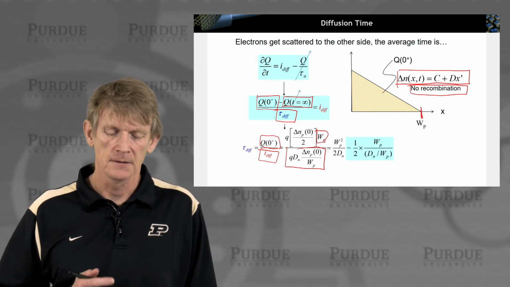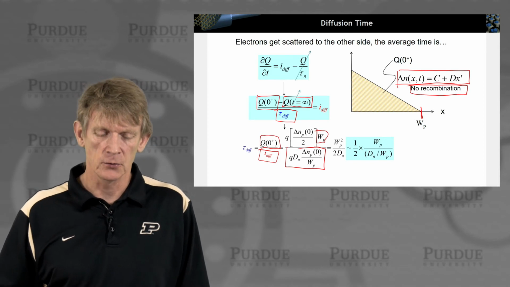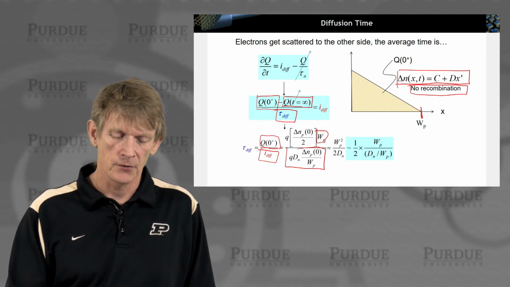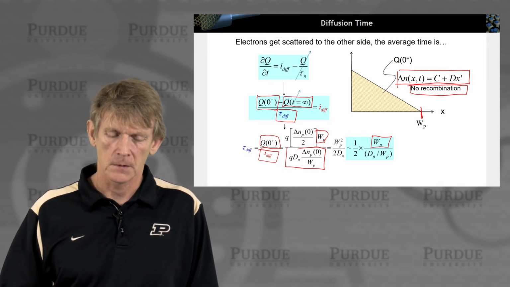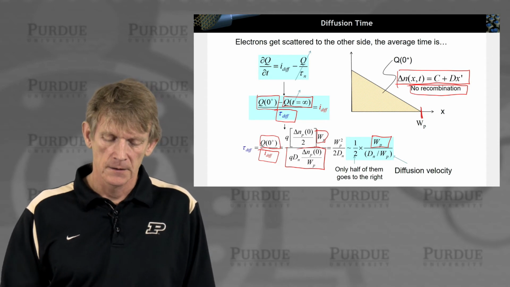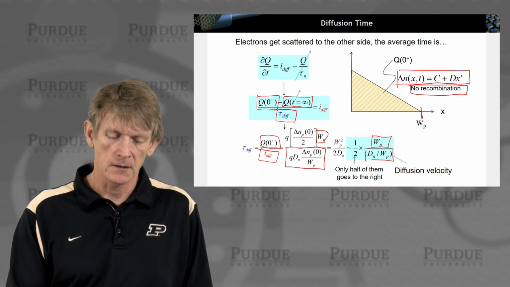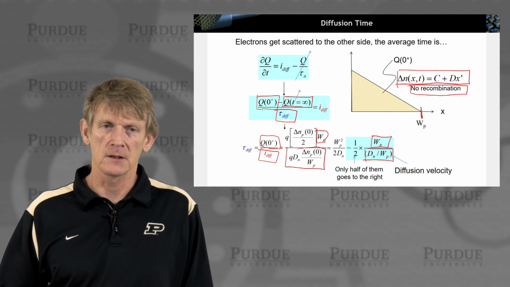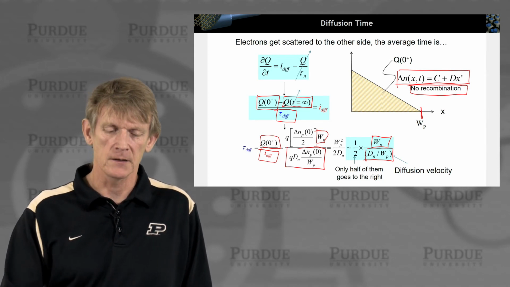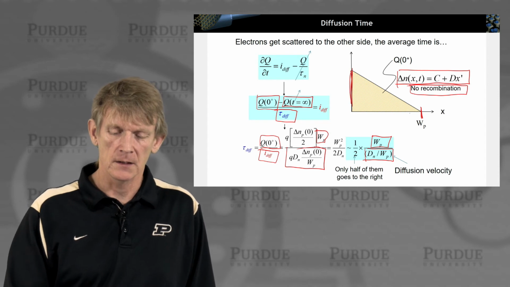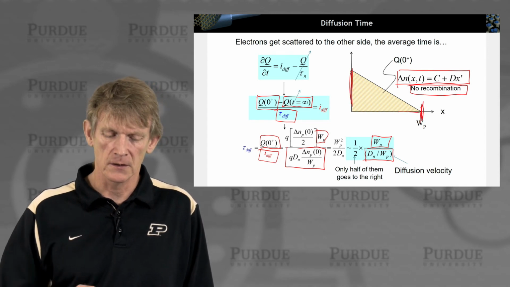We can divide this factor into two components: WP over a velocity. This is the diffusion velocity, if you will. That's the velocity that characterizes the electrons diffusing throughout the device, making it from this end all the way out to this end.